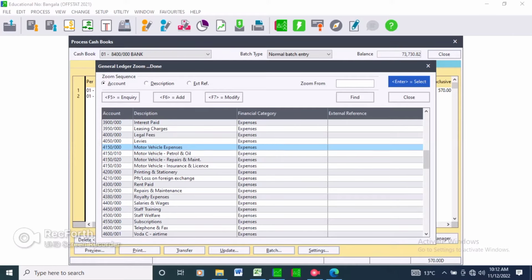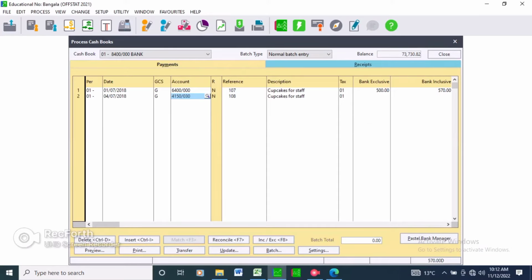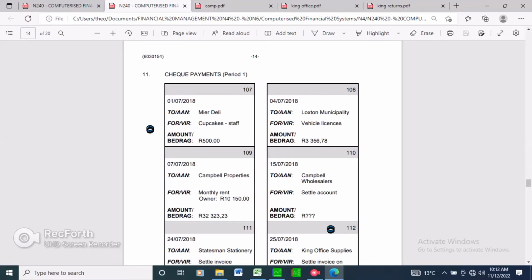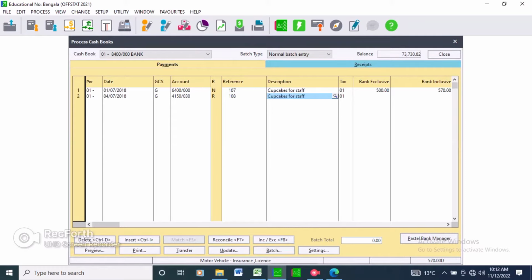The name of the municipality is Russian municipality. I can just copy this one and paste that here. Delete this one. Cut this one. Sharp. And I press my tab.